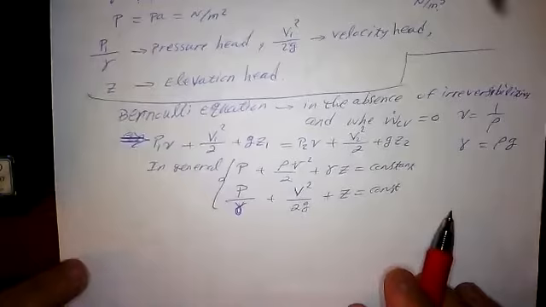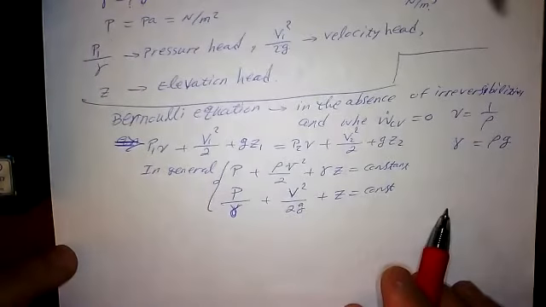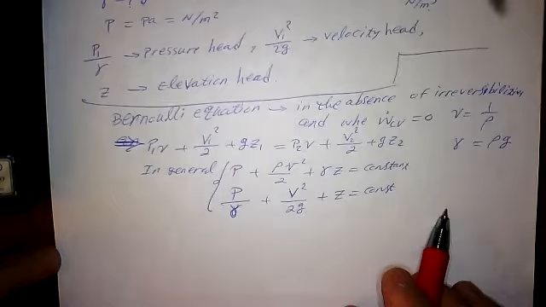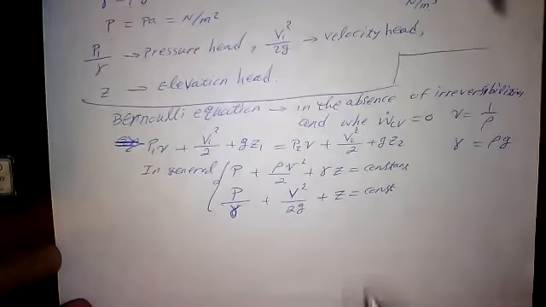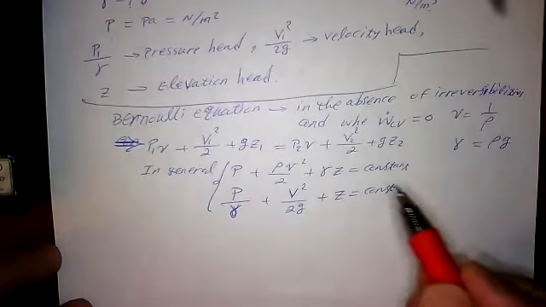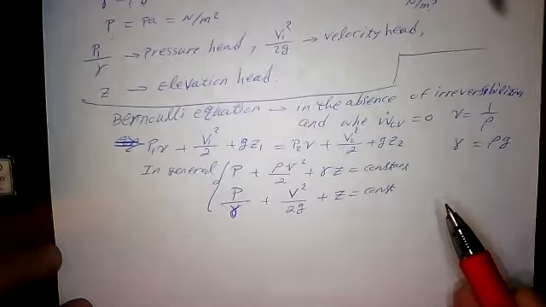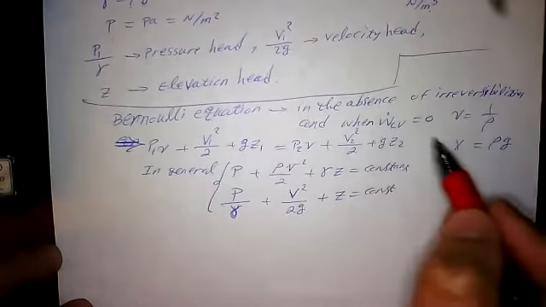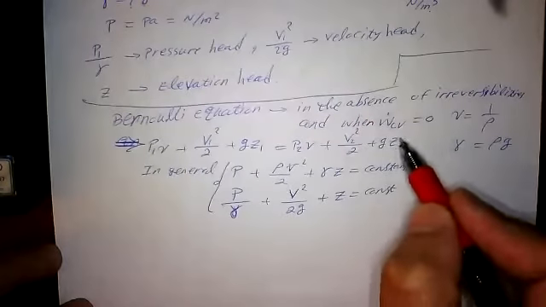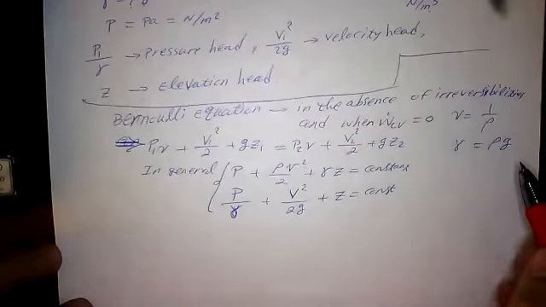Then if we go to the Bernoulli equation, let me adjust this a little better. The Bernoulli equation applies in the absence of irreversibility, and when W dot CV for the control volume is equal to 0.